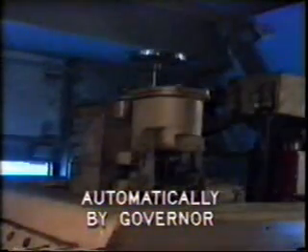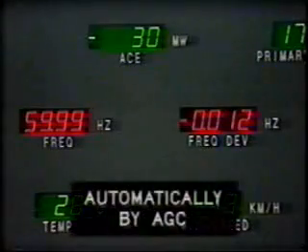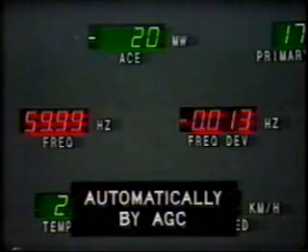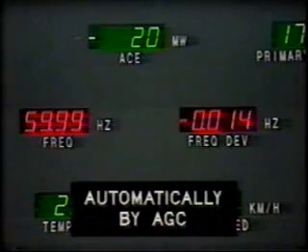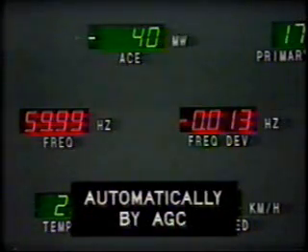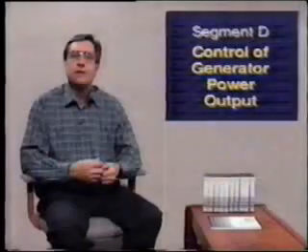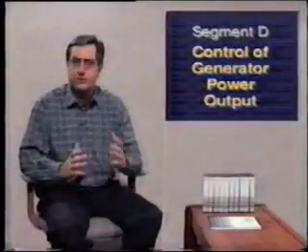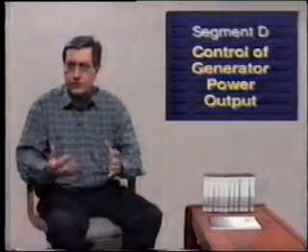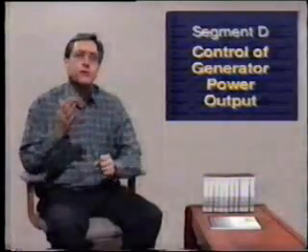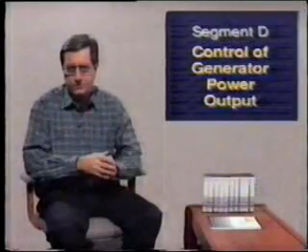Automatically by the turbine governor, which responds to changes in turbine speed, which is of course related to system frequency. Automatically by the dispatcher's AGC if the unit is used for regulation, that is, to assist in frequency control. Gas turbines have considerable advantage in assisting frequency control because of their capacity for relatively fast load changes.